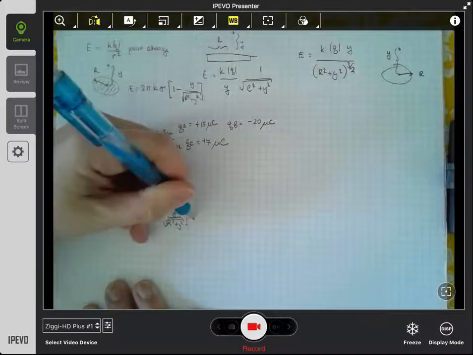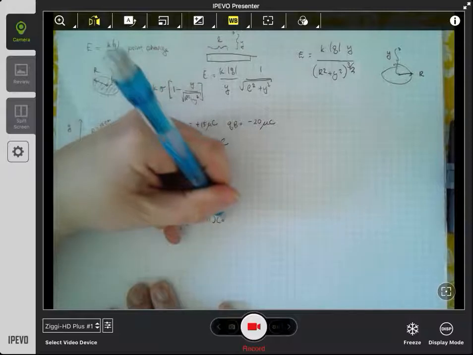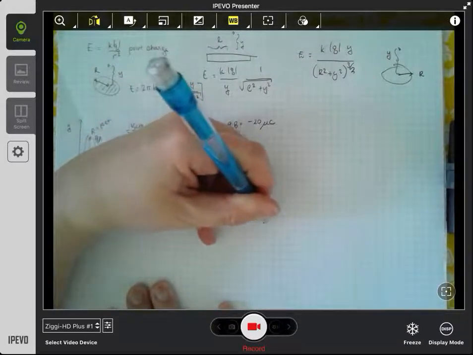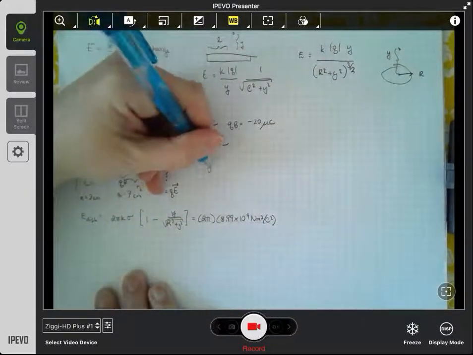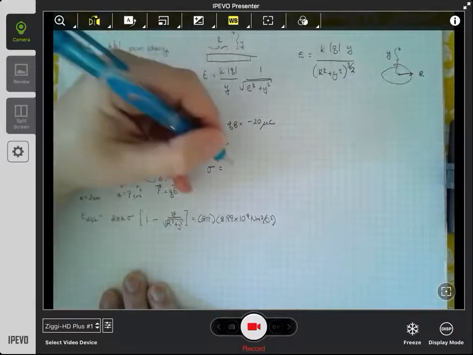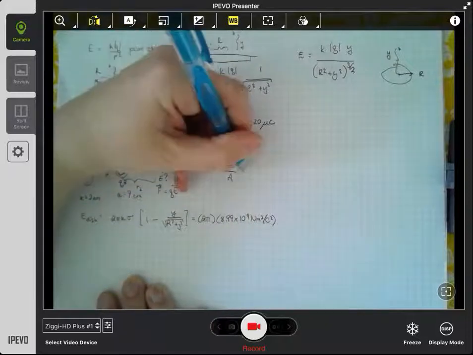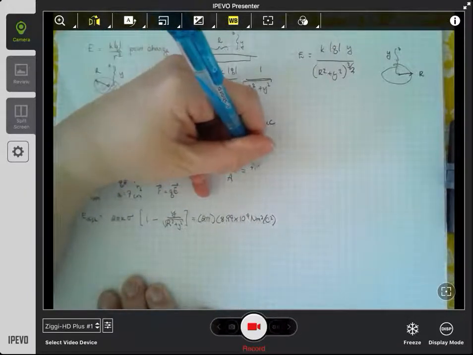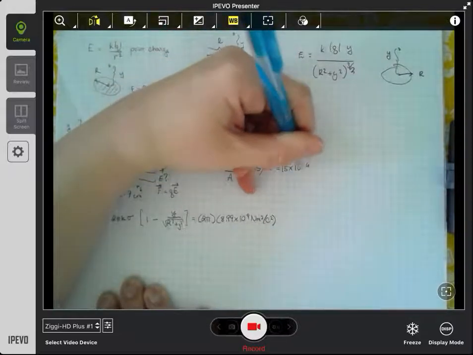So we've got 2 pi, and k is 8.99 times 10 to the 9th newton meters squared per coulomb squared. And then we've got sigma. Now remember, sigma is our charge density on an object, so that is the charge Q over the area A, where the charge on the entire thing is plus 15 microcoulombs, so 15 times 10 to the minus 6 coulombs.